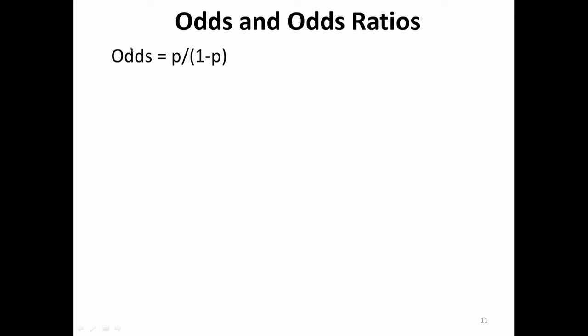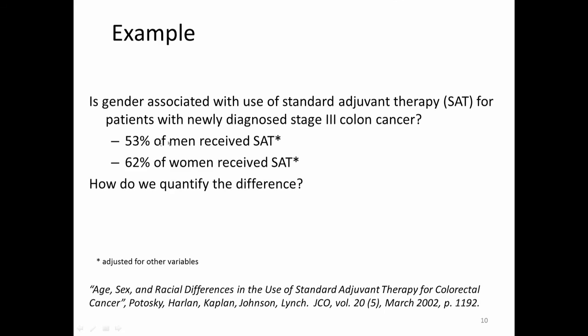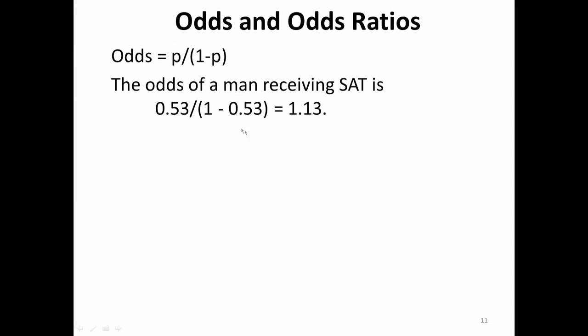So for the odds ratio we calculate P divided by 1 minus P. For the men it is 53%, so 0.53 divided by 1 minus 0.53, that means 0.47. 0.53 by 0.47 is 1.13.